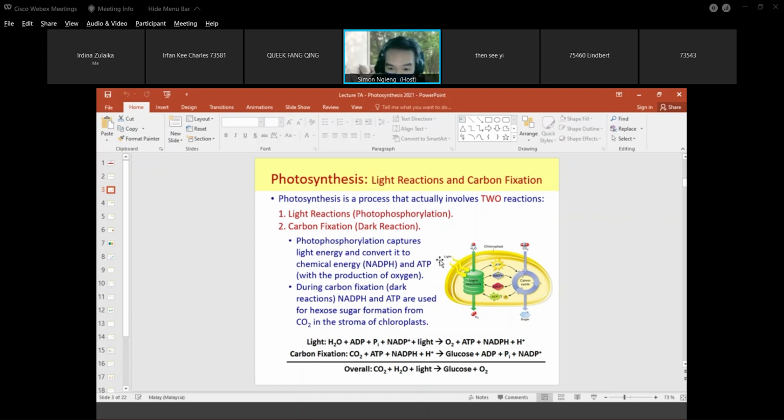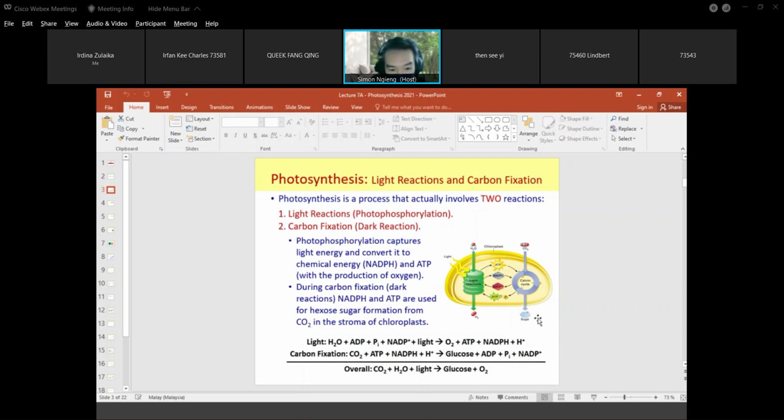So from your light reaction, you use water to produce oxygen, and you also produce ATP and NADPH. This ATP and NADPH is going to be used inside your dark reaction, at the same time to fix carbon dioxide, so that the carbon dioxide can be incorporated for the production of glucose, which is your sugar.